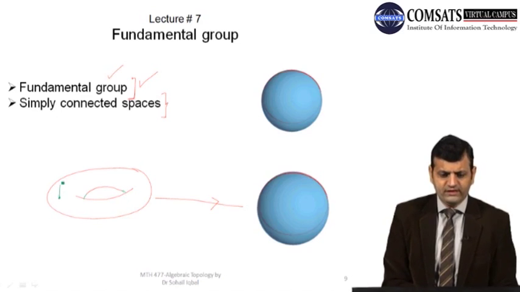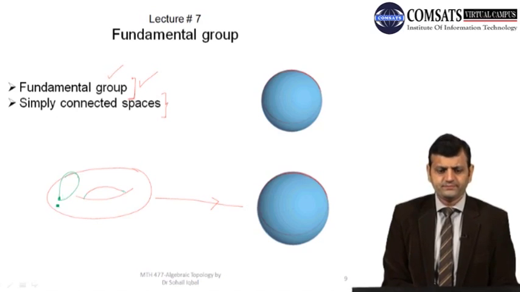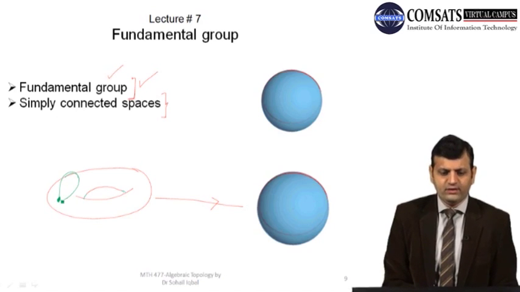For example, if I take this loop on a torus, then just consider this loop is made of some sort of thread, and it is fixed at this point, at this node. Now if it is lying on this torus like this, then I can squeeze this thread and it will just become a point.